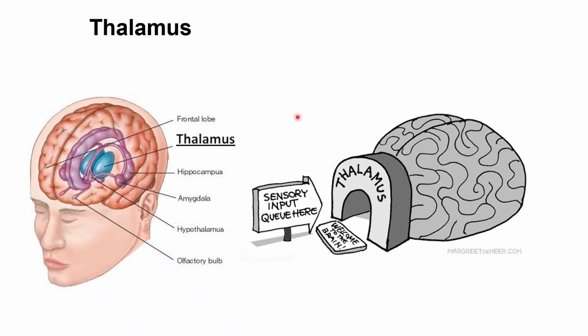So the information first comes to the thalamus and then it goes to the rest of the brain. The only exception to this is the sense of smell, which comes directly from the nose to the brain without passing through the thalamus. But all the other sensory information goes through the thalamus. Similarly, all the motor information goes from the brain to the thalamus and then to different parts of the body.